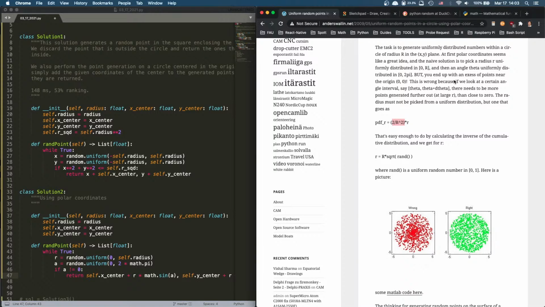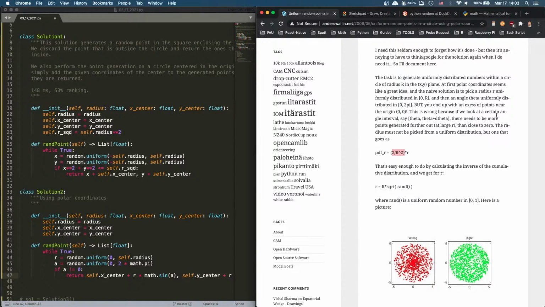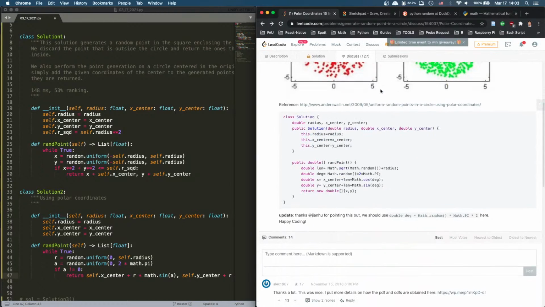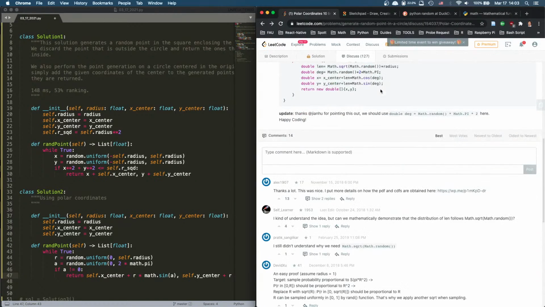Right, the probability means, I don't know. R equals r times square root random. Now this is not clear. Intuitively I understand it. However, I don't understand it very much.